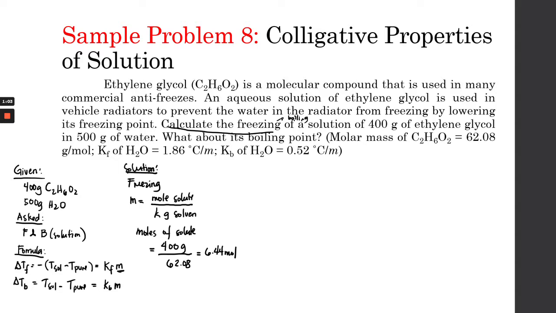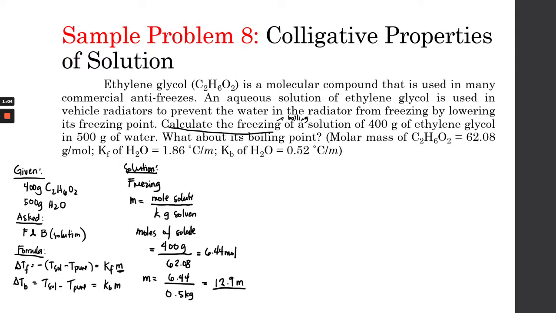Now let's solve for the molality. The molality is basically 6.44 divided by 500 grams of our solvent. We just need to change that to kilograms, which is 0.5 kilogram. And that is equal to 12.9 molal.